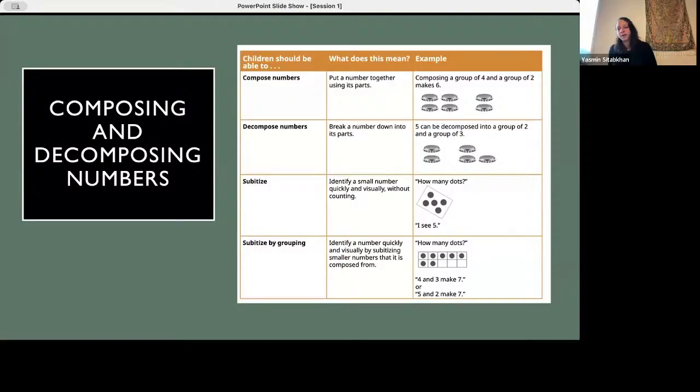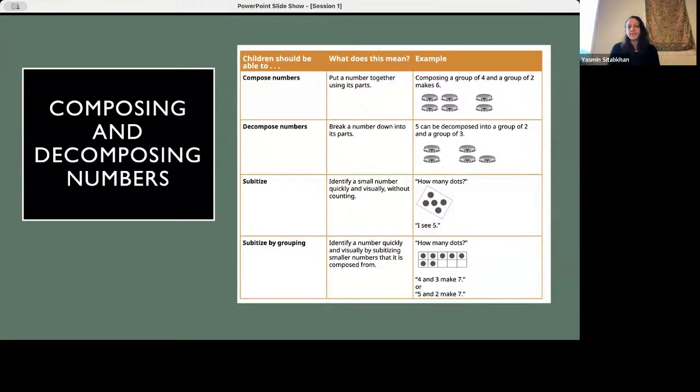It eventually becomes addition, right? It forms, as someone said, the foundations. But composing and decomposing is something that I would introduce to students when I'm introducing the number the very first time. So the very beginning of first grade, you're introducing numbers 1 to 5, you compose and decompose numbers.